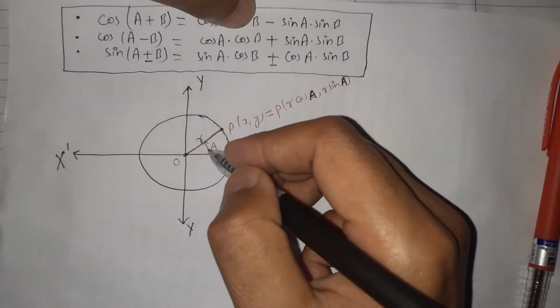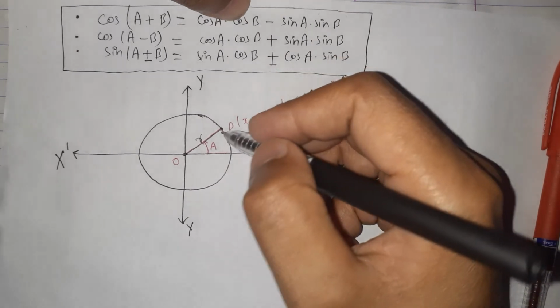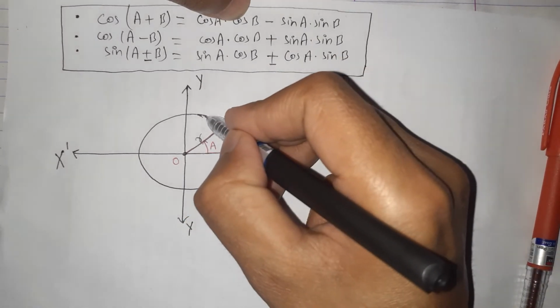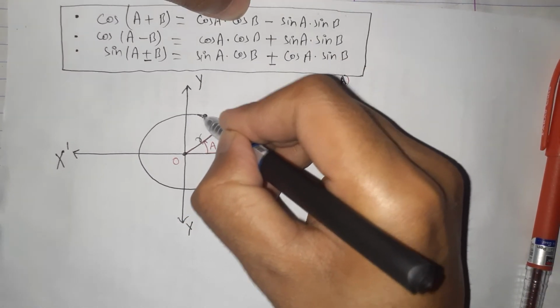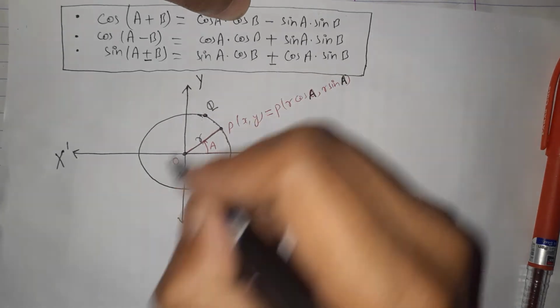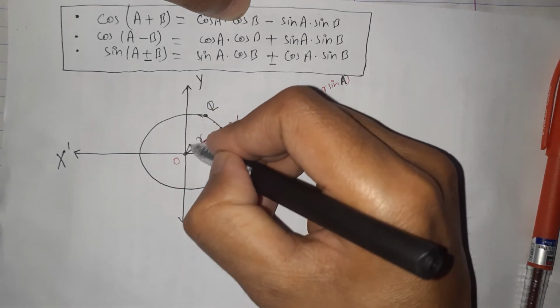Here the angle a is formed, and let's suppose another point, this is the point Q, which is at the same distance from the origin.